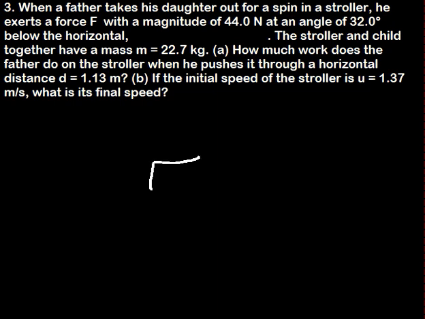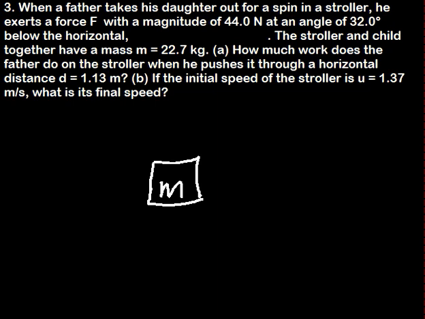Let's say this is a child. Let's depict a stroller and a child, both with the mass given as 22.7 kg.